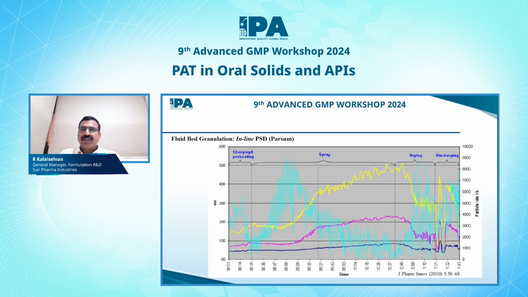So in short, we are charging the powder, and then spray is started. Once spray is started, the granules grow, and then it reaches a maximum. When drying happens, due to filter back shaking, fines are generated and the particle size comes down. This is a live profile of inline PSD data, and we have to overlap this with the reference batch for subsequent commercial batches.